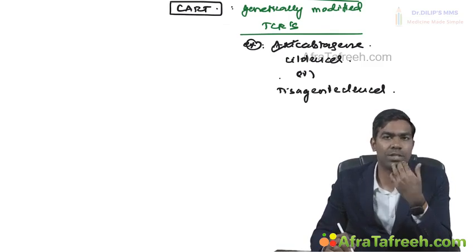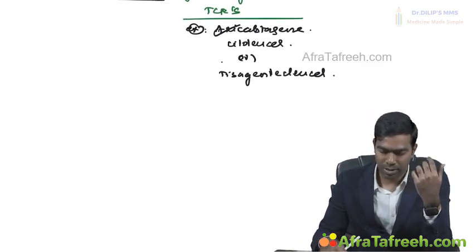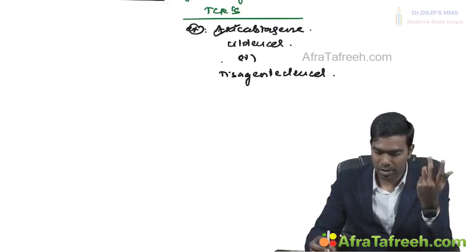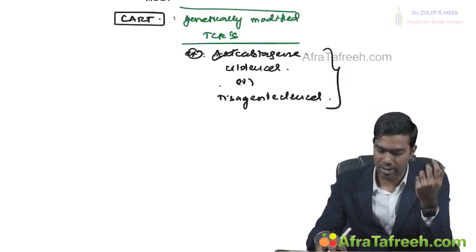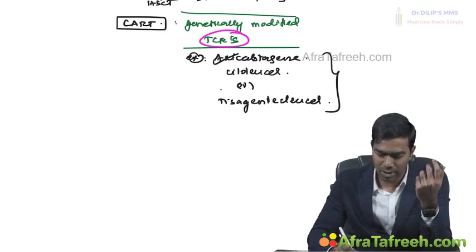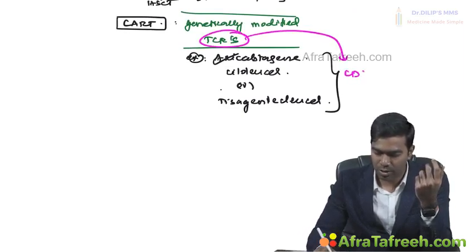These drugs are engineered so that the T cell receptors target CD19 on the B cell, which is a pan B cell marker.